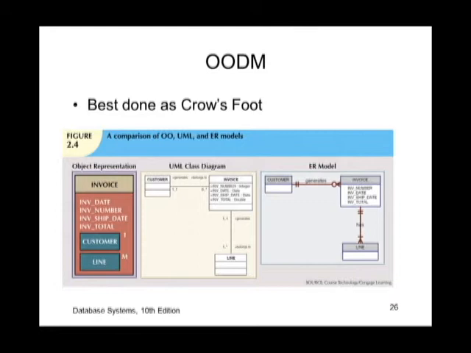So you can see how a UML class diagram is done, but let's focus our attention in this case on the crowfoot diagram, and we can look at the relationship between the customer, the invoice, and the line items within that invoice. And the way we would read this is one and only one customer may have 0 to many invoices.